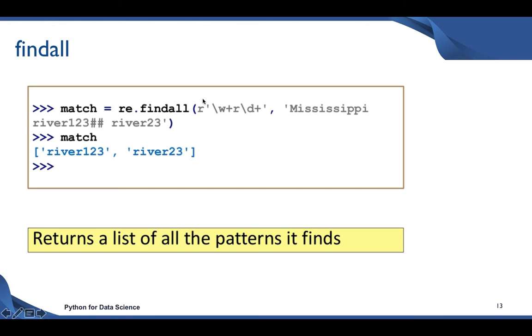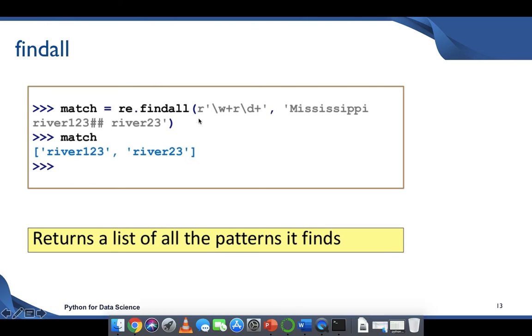So we have R, and here we have \w plus, 123 or 23, so 123 and 23. This will result in searching all the patterns in the findall method.